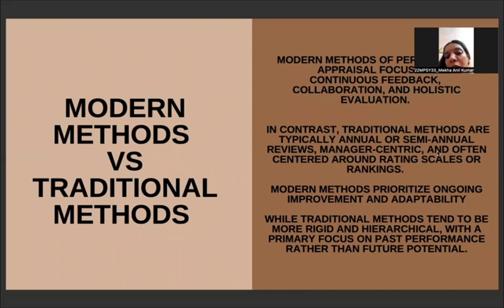When we talk about the modern methods, usually they are a more holistic evaluation. Traditional methods are more rigid and hierarchical. It is more manager-centric, with the seniors evaluating you, and more feedback is not taken from the clients, your subordinates, or even your peer groups.